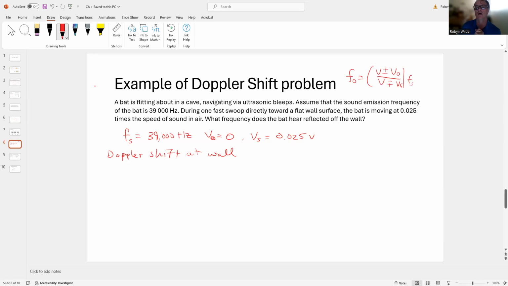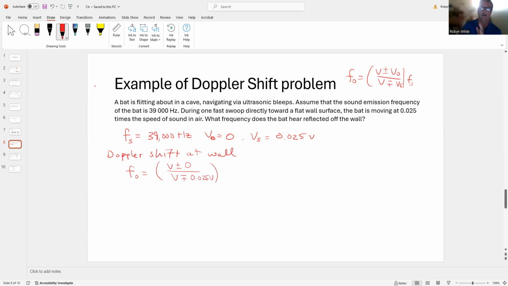My vO is 0. So the observed frequency is going to be v plus or minus 0, so there's no vO speed, and then v minus or plus vS, which is 0.025 v.